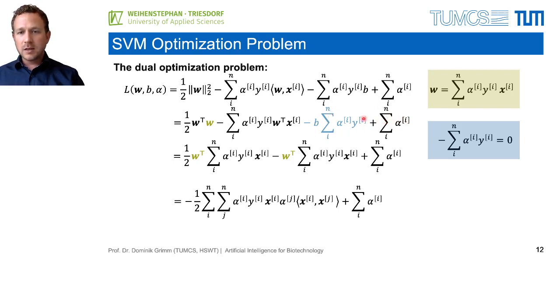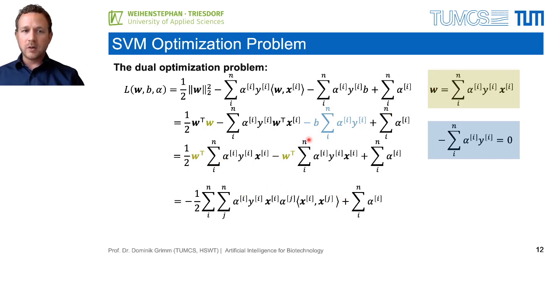So here we can see this part is equal to 0, so this part disappears. W we replace with this, and then we have w transpose, which we can replace with this. So in the end we get minus 1/2 of the sum from i to n, of the sum from j to n, of this expression here. That's just that we replaced w with this expression and this disappeared.